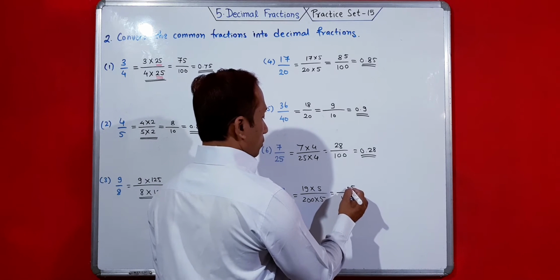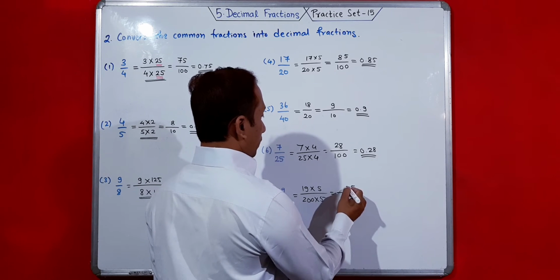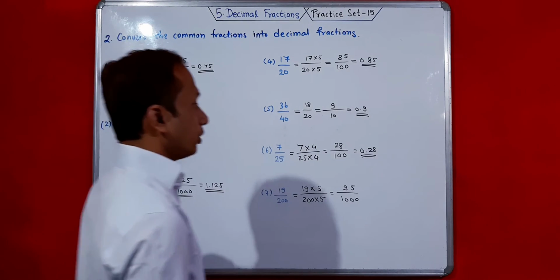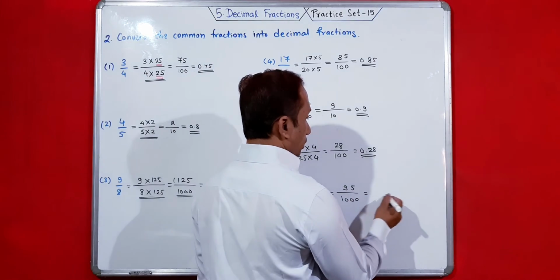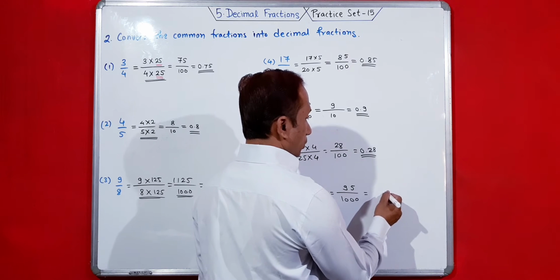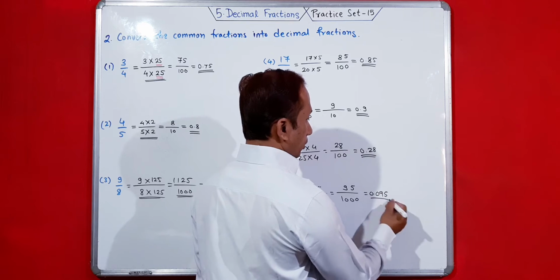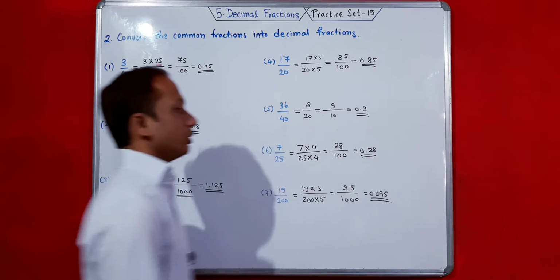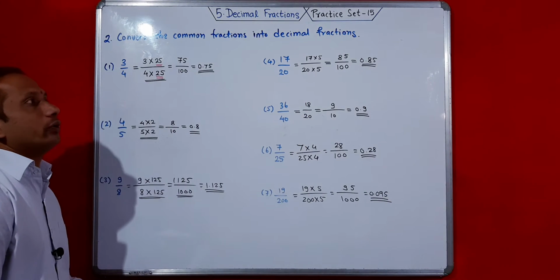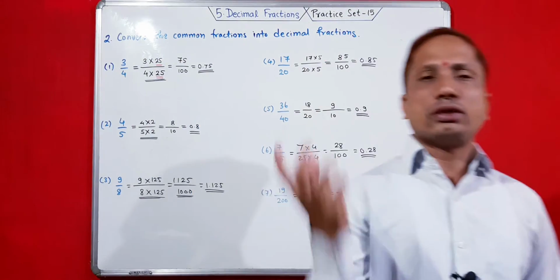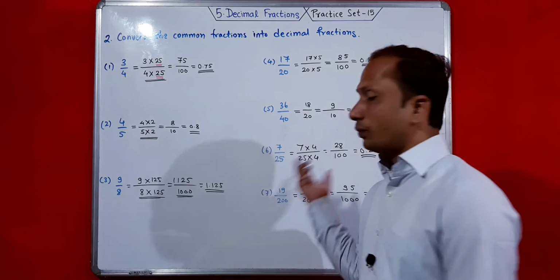So this will be 95 divided by 1000. Now there are 3 places you have to place, so 0.095. This is your decimal fraction. After 3 places you have to put the point. So in this way you have to convert. This question is very easy, very simple. Simply you can just go on and convert this.